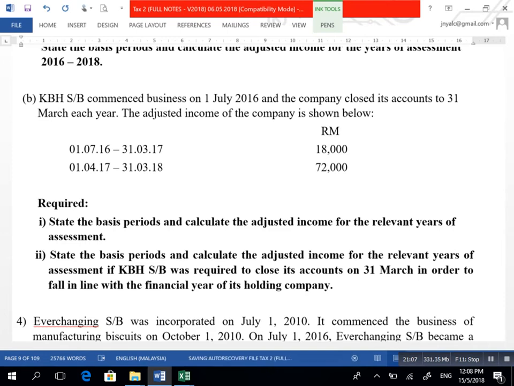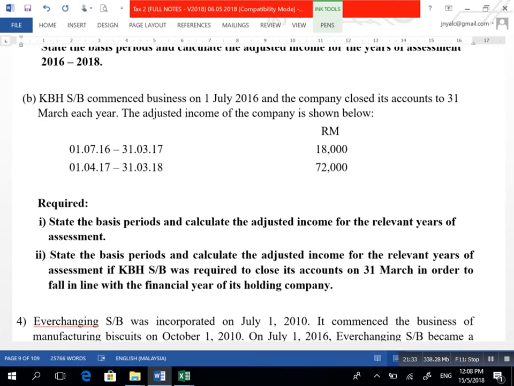State the basis period and calculate the adjusted income if this company was required to close the account to 31st March in order to fall in line with the financial year of its holding company. Which means the closing date is not based on what they want. It actually follows the group company, correct or not? So it's actually under special circumstances.